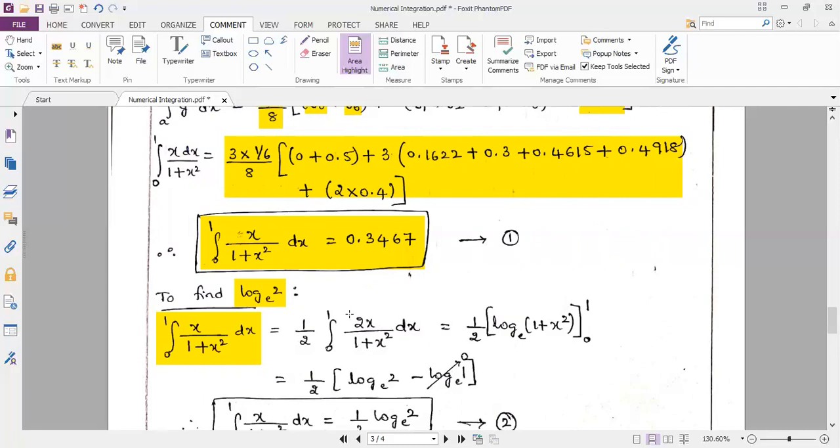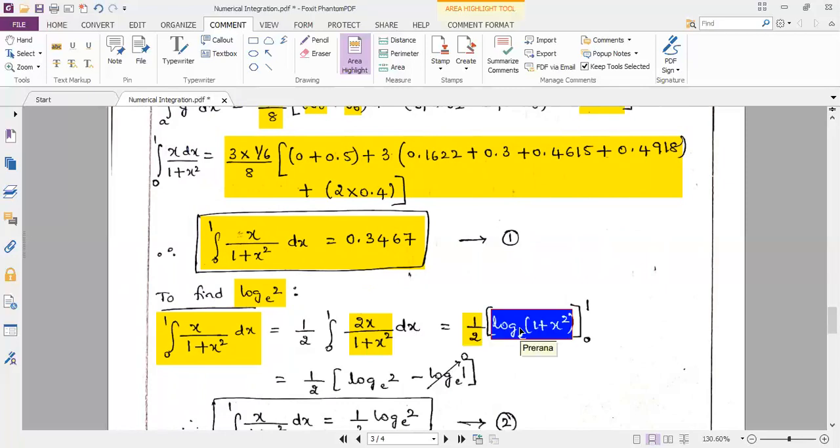Now the integration of 2x divided by 1 plus x square will fetch us log of 1 plus x square. Half, the constant, is written outside as it is. We obtain it in terms of logarithm by making use of the substitution t for the denominator 1 plus x square. We will be able to obtain the answer for the integration of 2x divided by 1 plus x square as log of 1 plus x square.